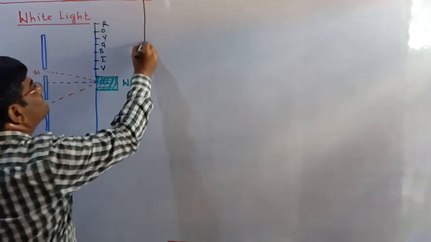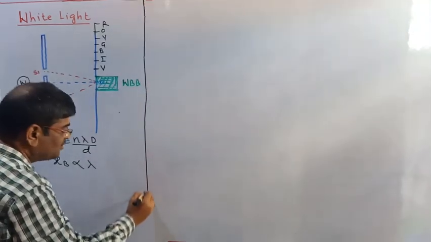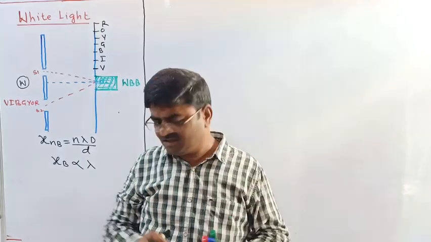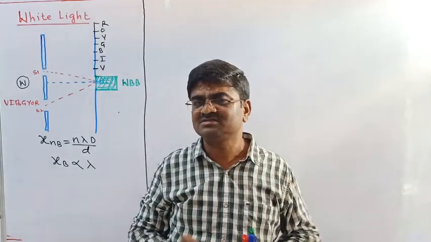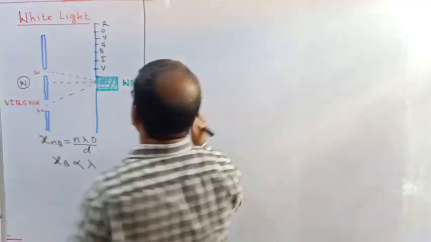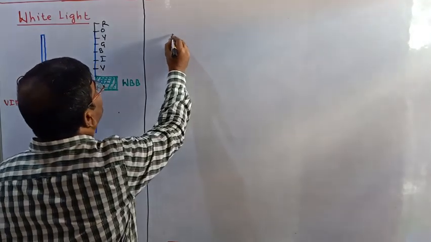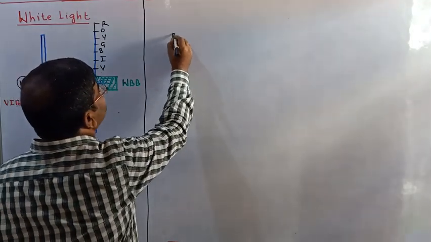So this is important to be remembered from the point of view of NEET examinations. Going ahead, the next point that I would like to discuss: generally in competitive exams you might have seen a situation like this. Say I have a YDSE setup.